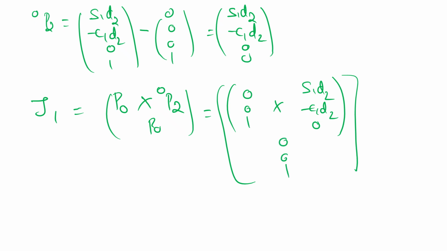For the cross product, for the first component, hide the first column, and you get 0 minus of minus C1 d2, which is C1 d2. For the second, it is S1 d2, and the rest is 0. Then 0 0 1. So J1 is C1 d2, S1 d2, 0, 0, 0, 1.